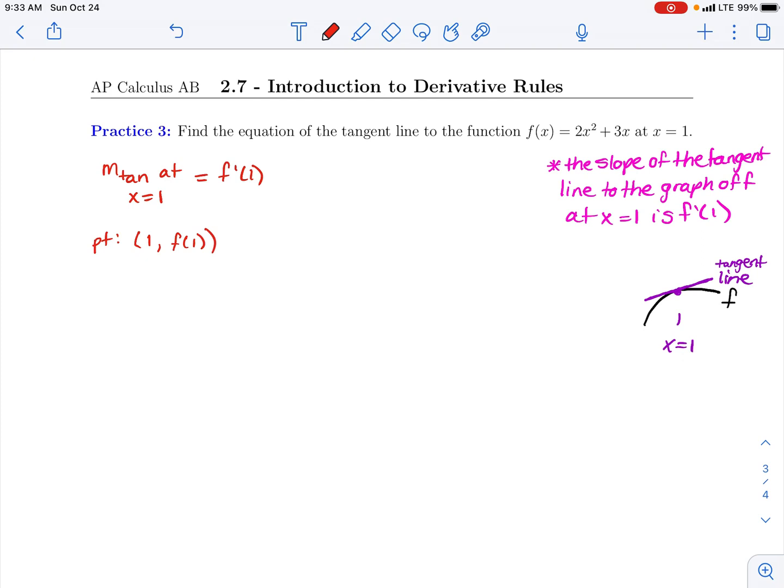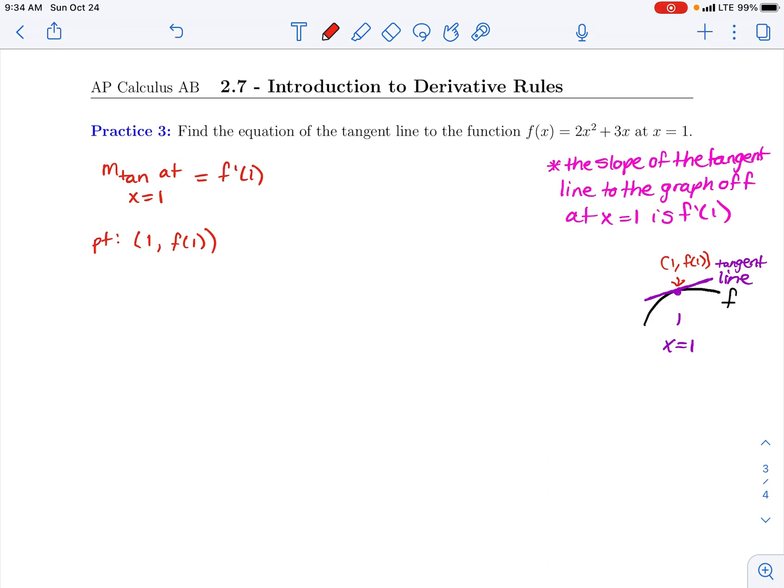Remember, to find the corresponding y value for both the function and the tangent line, in other words to find this coordinate, it's just going to be 1 comma f of 1. If I plug 1 into the function, I will get the y value at that point, highlighted in purple, for both the tangent line and the function.